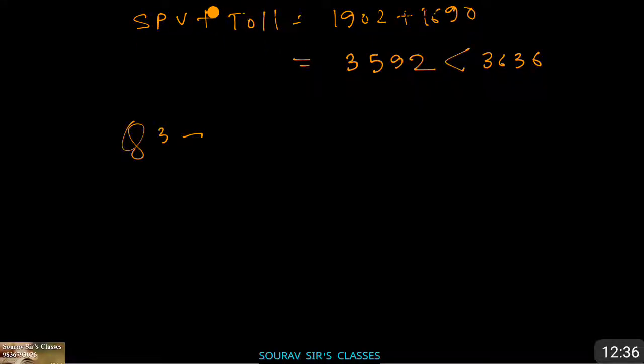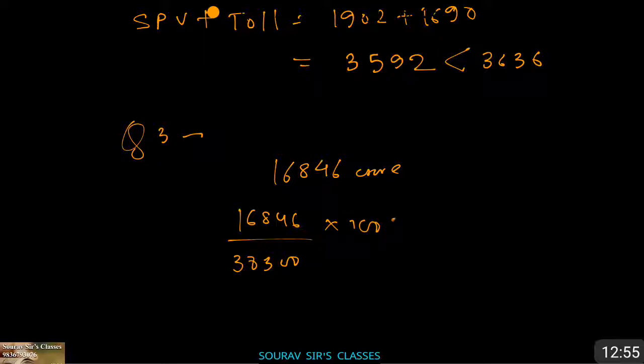Question number 3. Market borrowing accounted for approximately what percentage of total funding? Market borrowing is 16846 crore. So the percentage is 16846 divided by 30300 into 100%, which is equal to 55.59%, which is approximately equal to 55.6%.